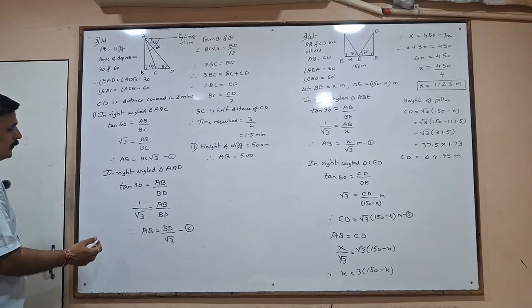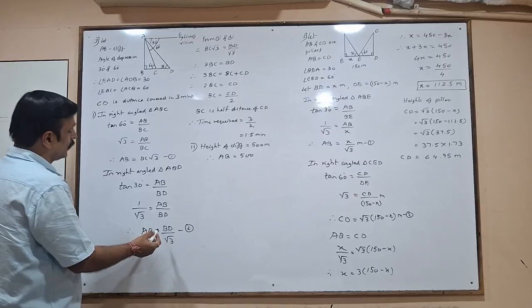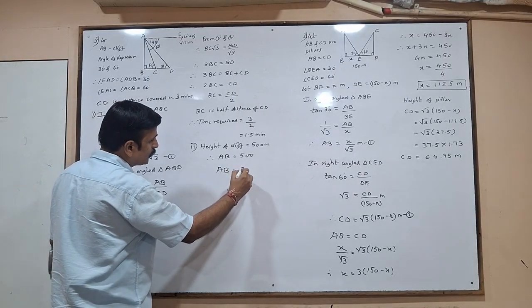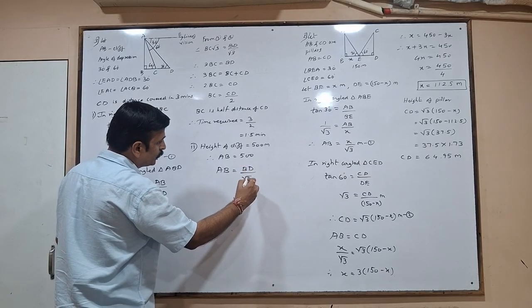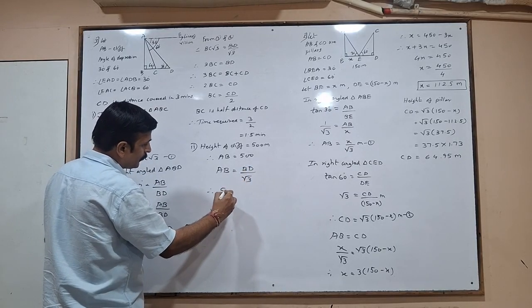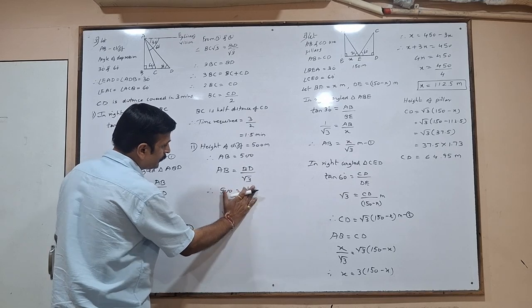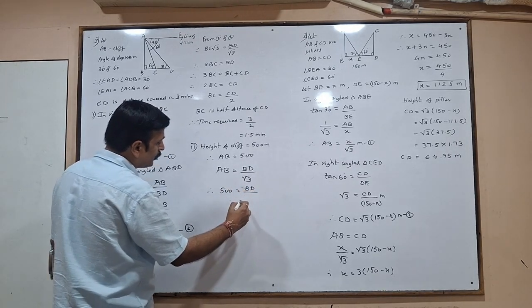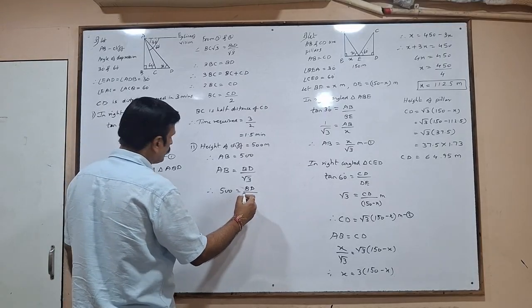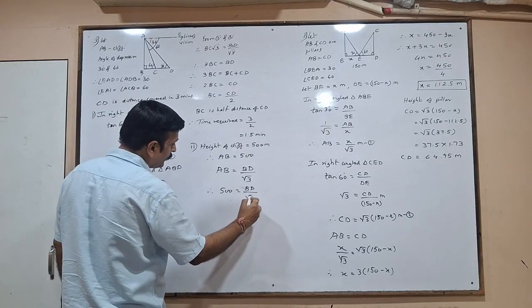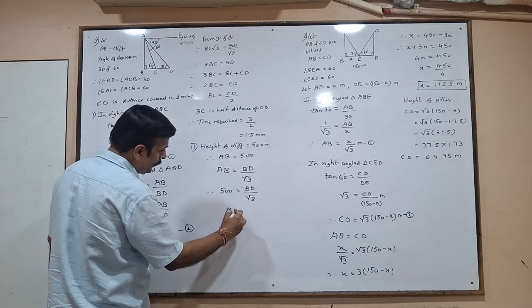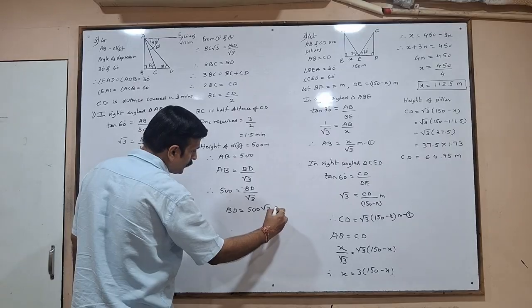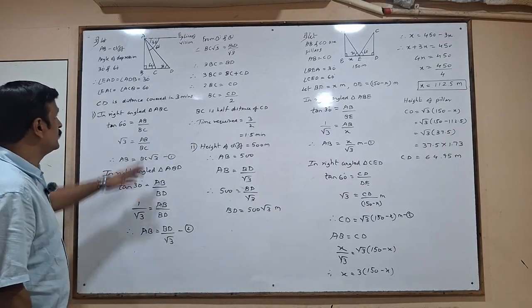So let us go with AB is equal to BD upon root 3. So 500 is BD upon root 3. So BD will be 500 root 3. This much meter is the distance.